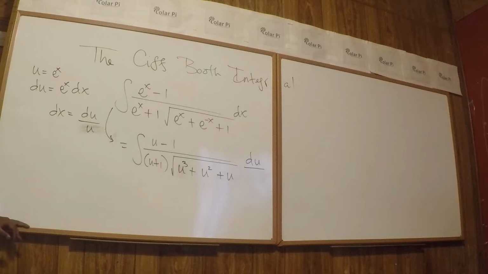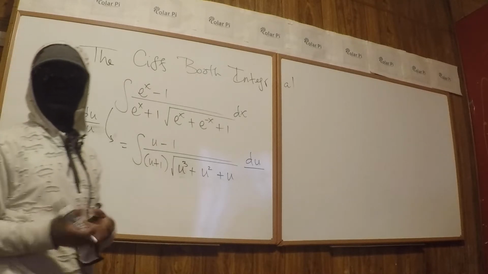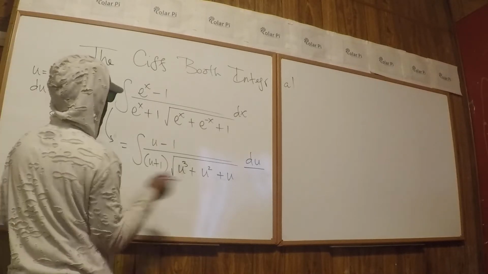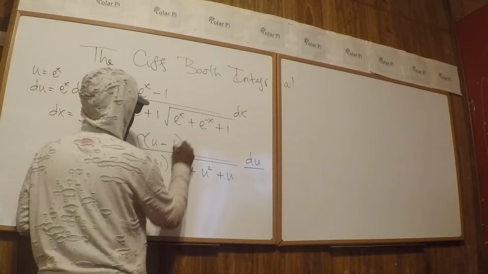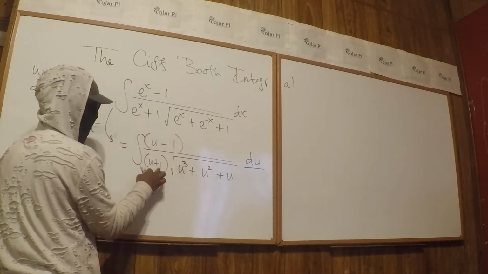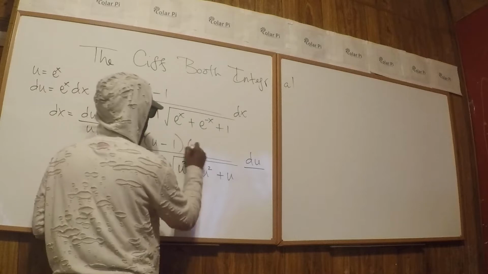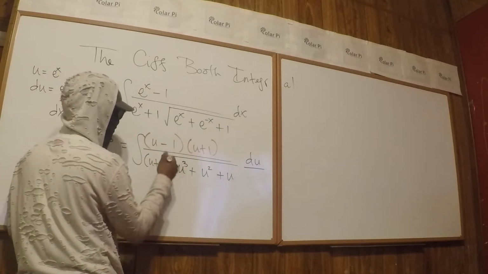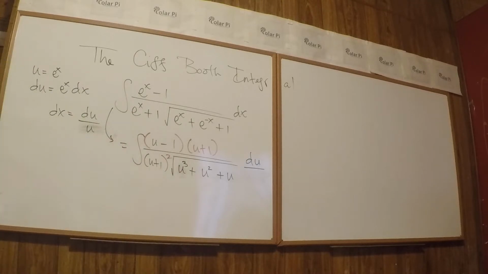Alright, and so this is the next clever trick that we must enlist the help of, and that is to multiply numerator and denominator by u plus 1. So u plus 1 right there. And obviously there's already a u plus 1 right here, so it's going to square it, right? Okay, cool.